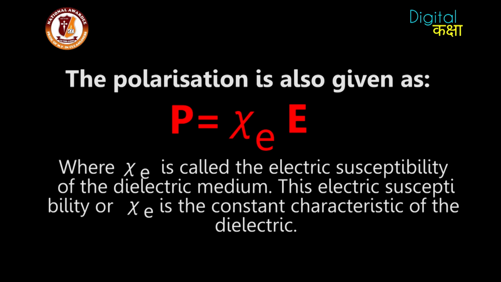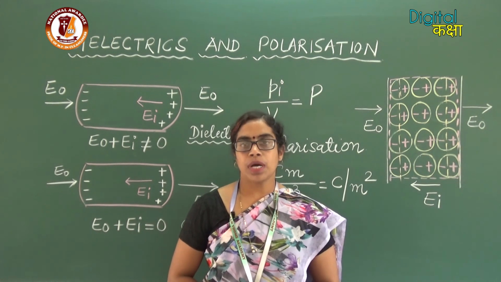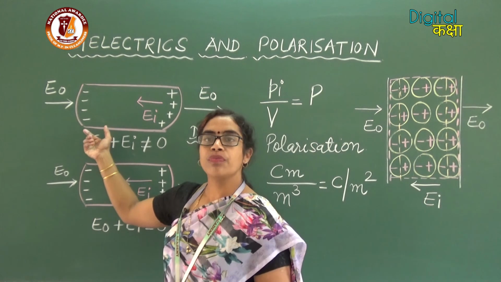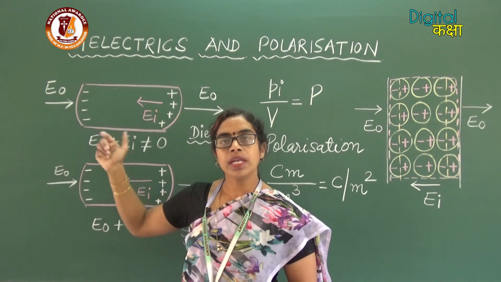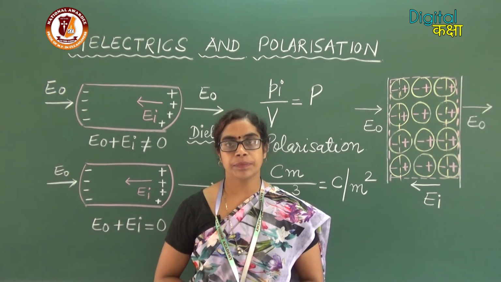This electric susceptibility, chi e, is a constant characteristic of the dielectric. So in this video we have talked about the property or behavior of the dielectric when it is kept in an external electric field.